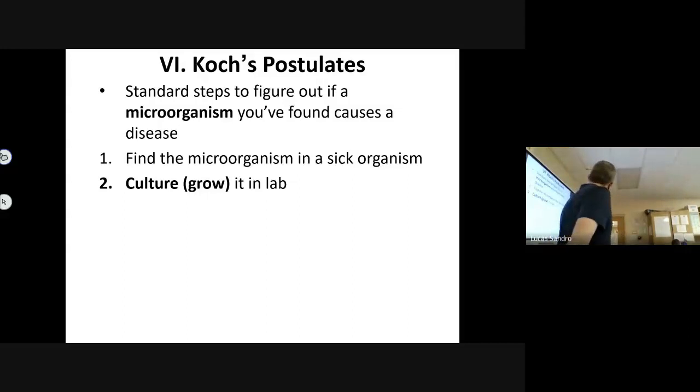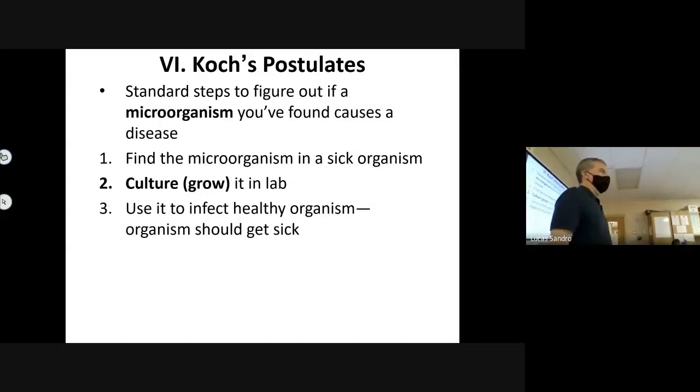You infect the healthy organism, and that organism better get the disease you're looking for. So that monkey should get monkeypox. You might think you're done, but not quite. One more thing.